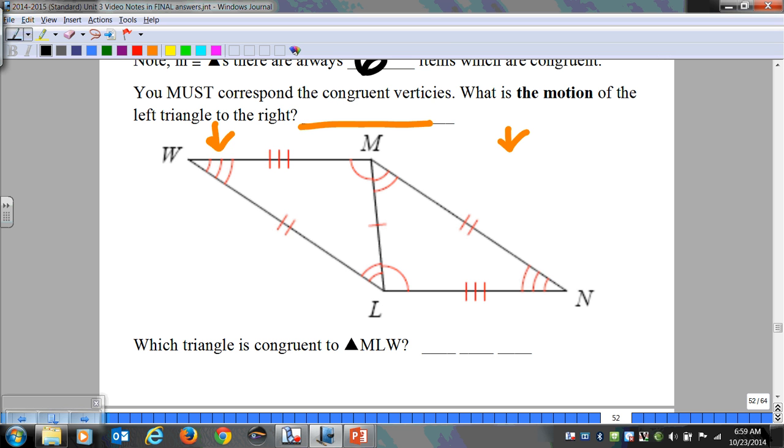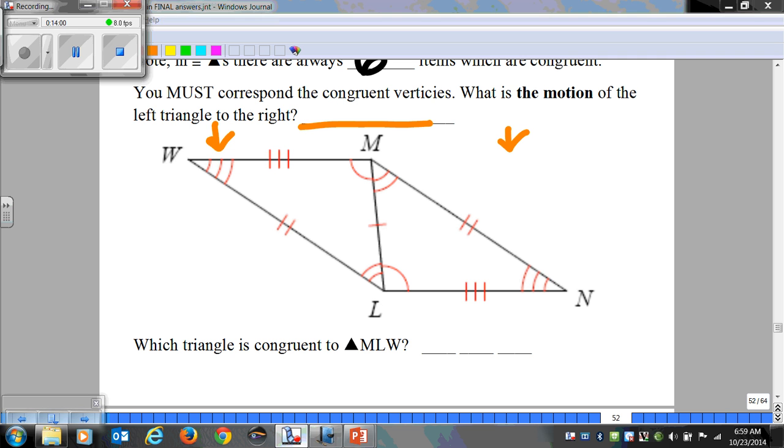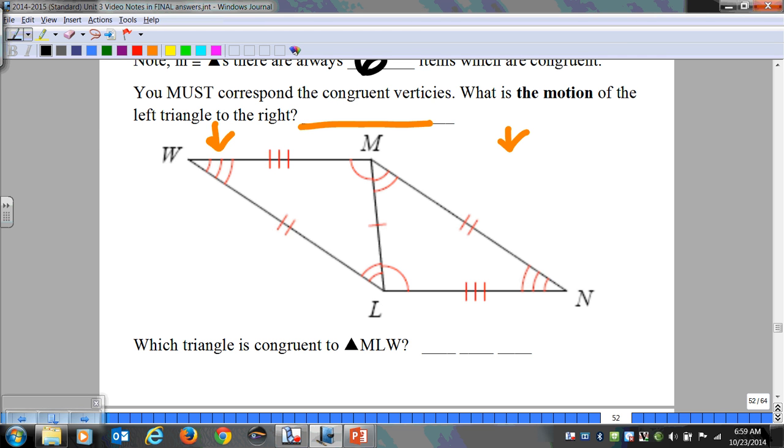I'll give you about 30 seconds. Okay, if you look carefully, 1, it's not a slide where you'd end up with the exact same triangle.